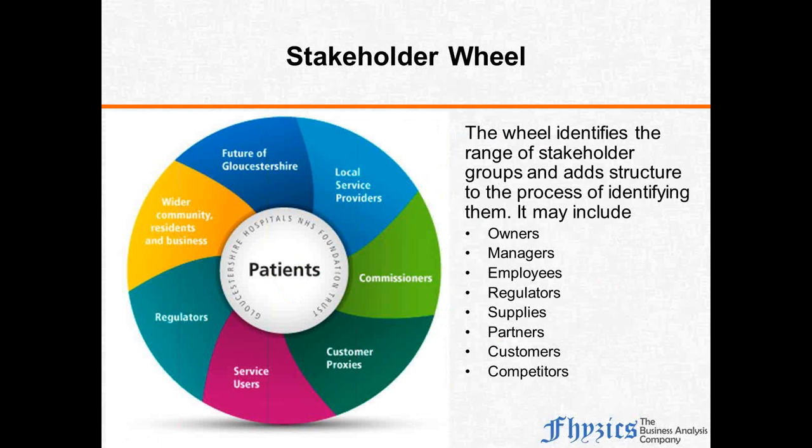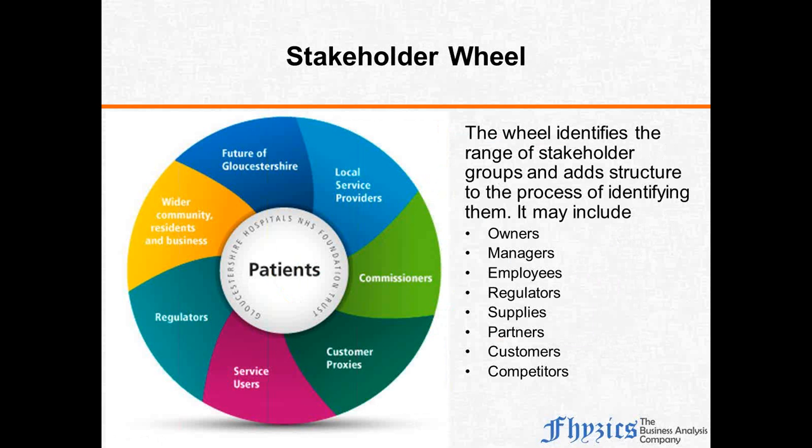So we can come out with a stakeholder wheel for different product lines or service lines. That will help us think of all the stakeholders and identify them in an easier manner. So the stakeholder wheel is again another tool just to instigate our thinking.